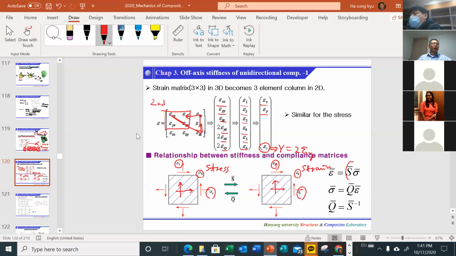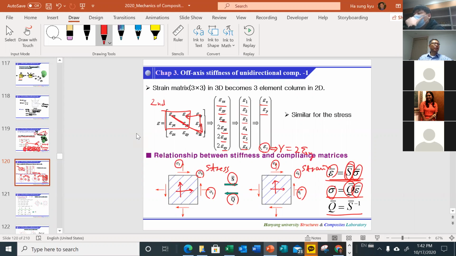Now, compliance is defined like that, and stiffness is defined as this, and between them we have an inverse relation. So if we have a stress and multiply by the compliance, we will have a strain. And reversely, if we have a strain and multiply by the stiffness, we will have a stress.